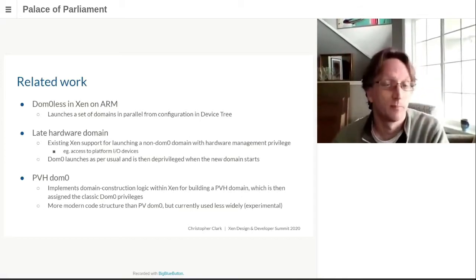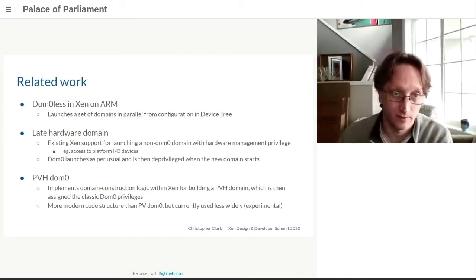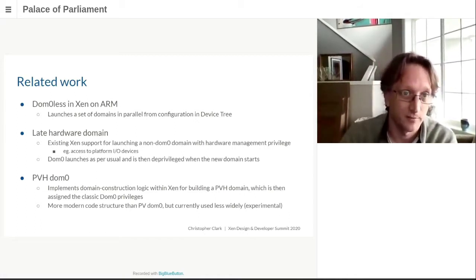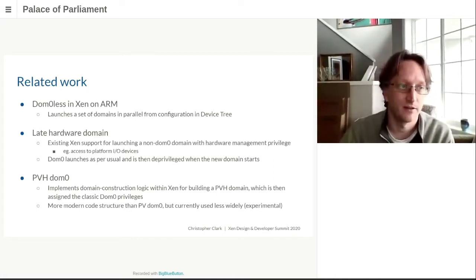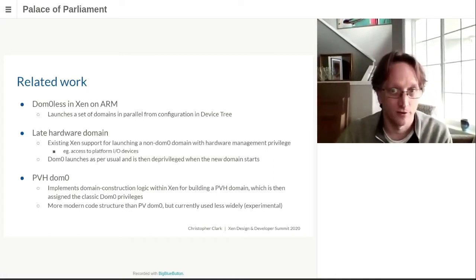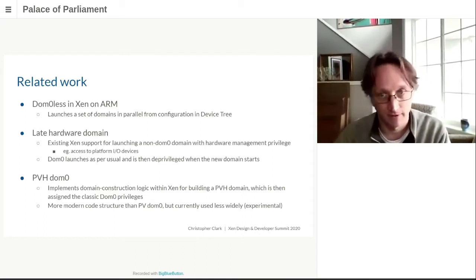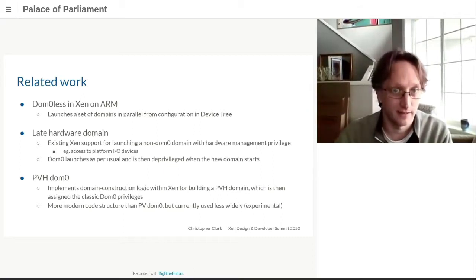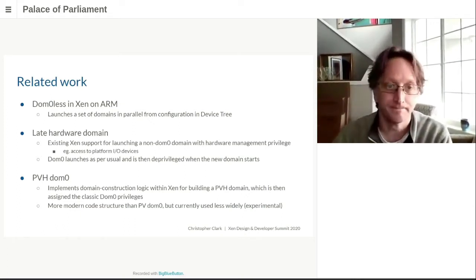So related work prior to this project getting underway is the first would be the Dom0less work and then Xen on ARM. This is where a set of domains are launched at host boot, but they're done in parallel from a configuration in the device tree, and there's not the opportunity for a single domain to interpose and perform validation measurements that we're looking for with DomB.